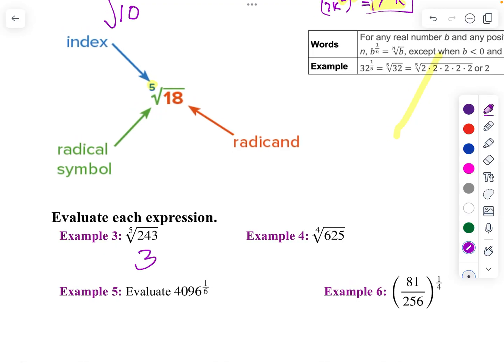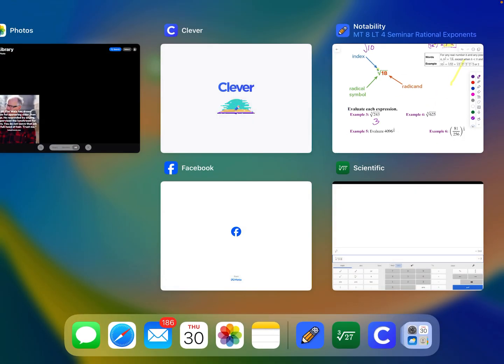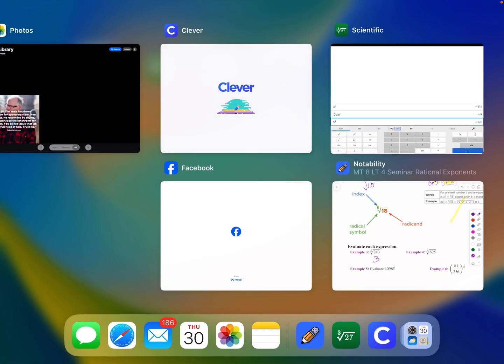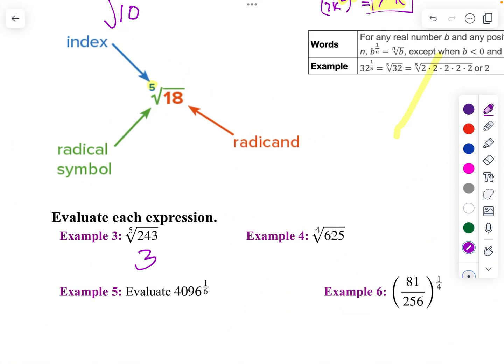If we take a look at example 4, I'm doing the 4th root of 625. I think to myself, what number times itself 4 times gives me 625? Notice it ends in 5, so I wonder if it's 5. I'm going to try 5 to the 4th power. Oh, look at that, it's 625. Isn't that cool? So we get 5.